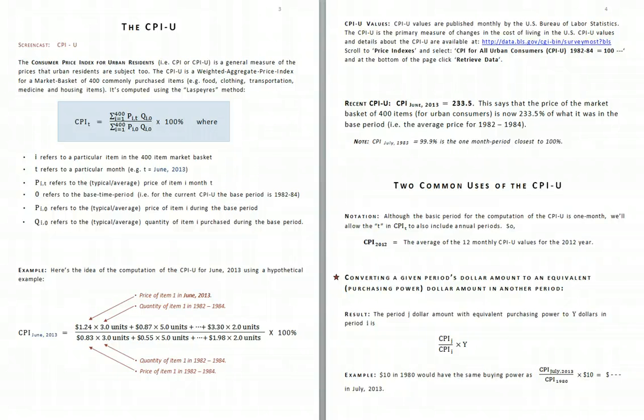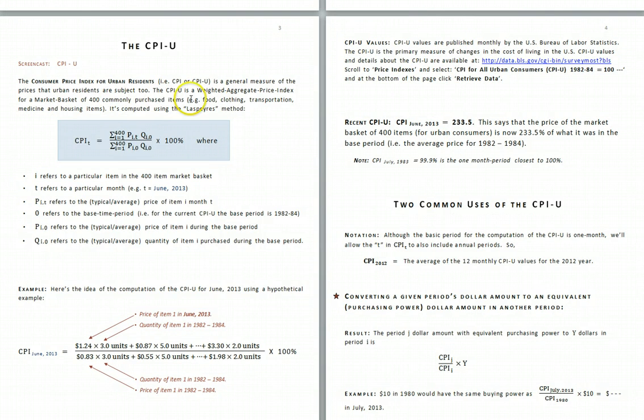We begin Module 8 discussing the definition of the CPI-U and two common applications of the CPI-U. Here's the idea behind the computation of the CPI-U for a particular month. A month is the basic period for computing a CPI-U value.